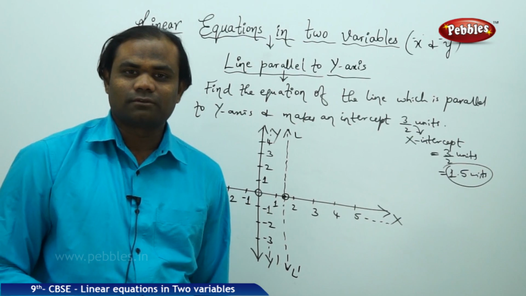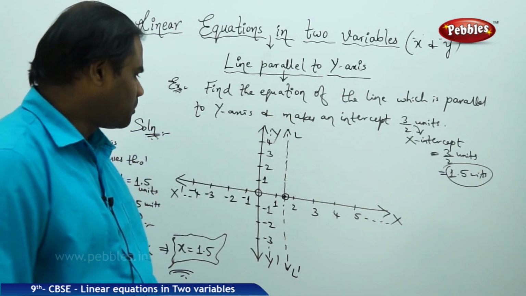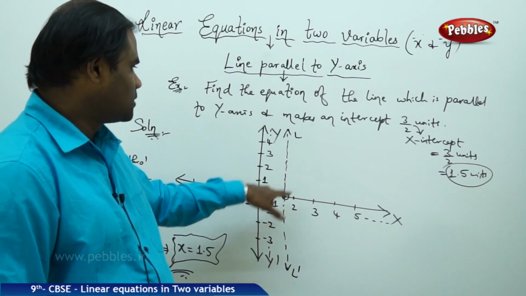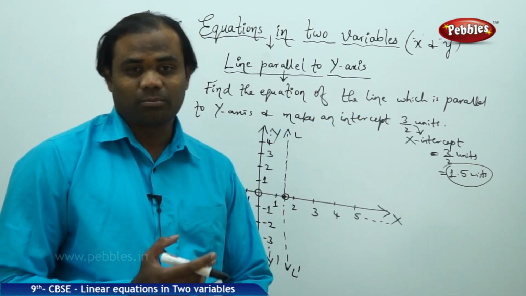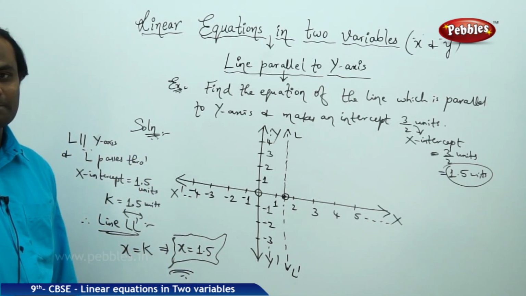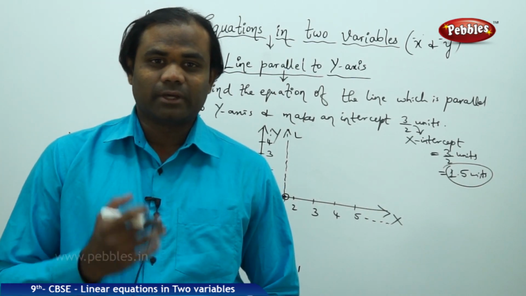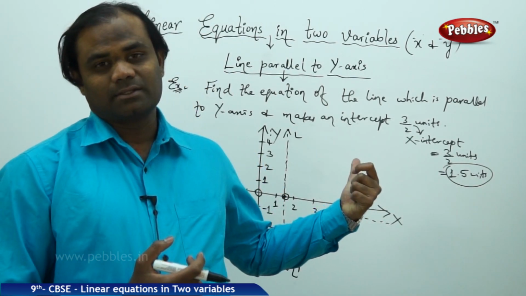So the equation of the line which is parallel to y-axis and passing through the x-intercept of 3/2 units, which is 1.5, is given by x equals 1.5.